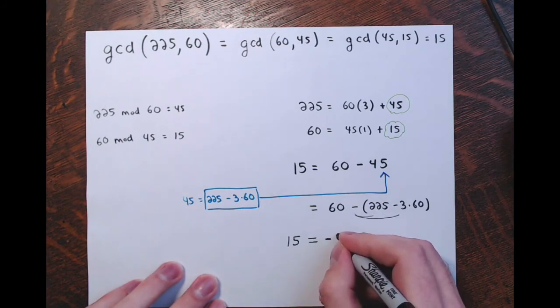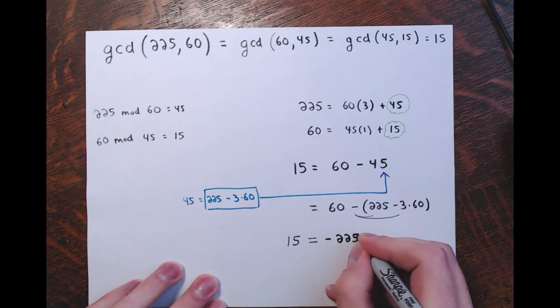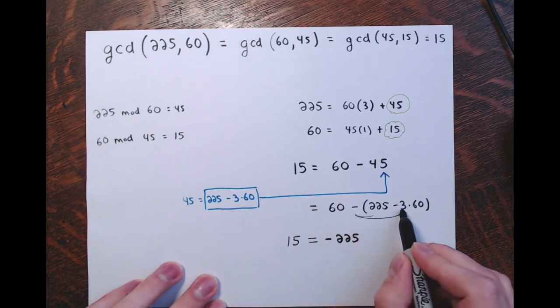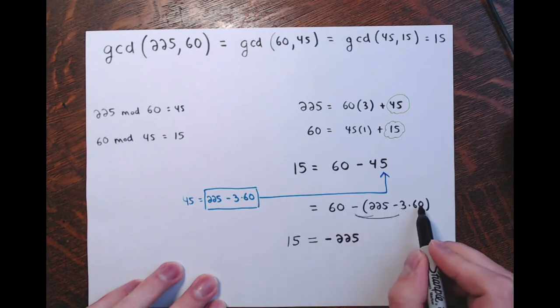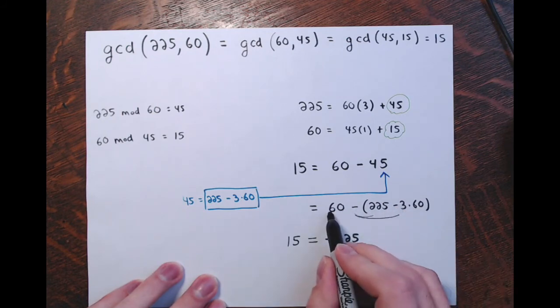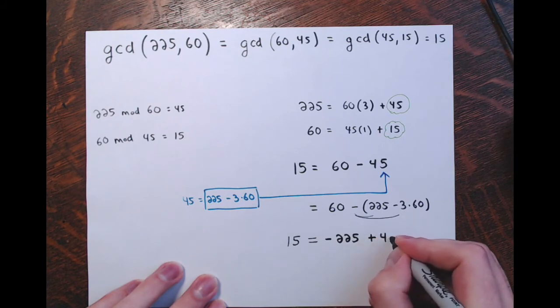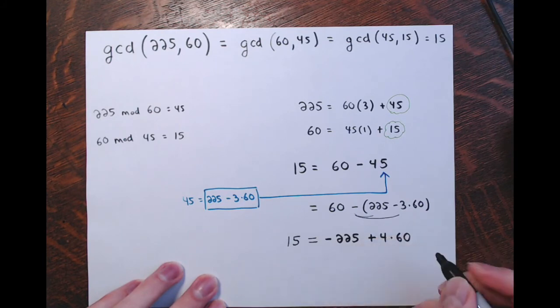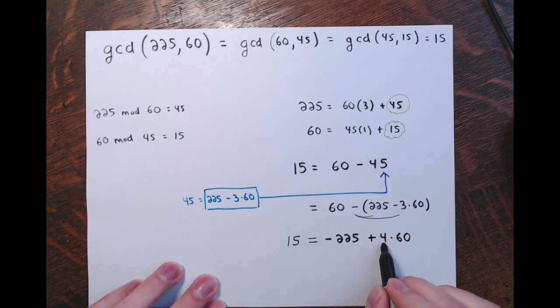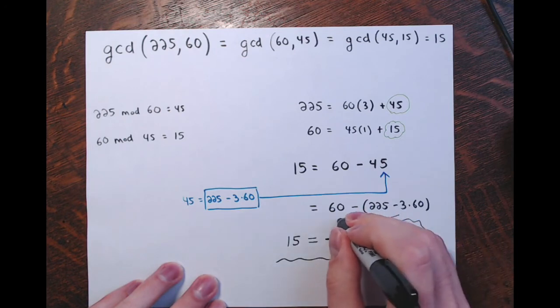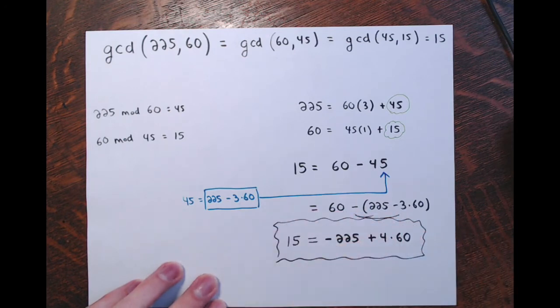So negative 1 times 225, and then, negative times negative 3 would be positive 3 times 60, but you also have one more 60 over here, so it'd be plus 4 times 60. So negative 1 times 225 plus 4 times 60. There's 15 written as a linear combination of 225 and 60.